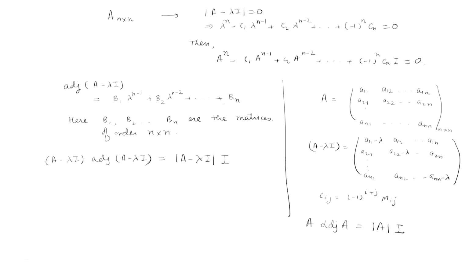So you substitute this expression over here. We are having A minus lambda I into adjoint of A minus lambda I equal to the determinant of A minus lambda I times identity.